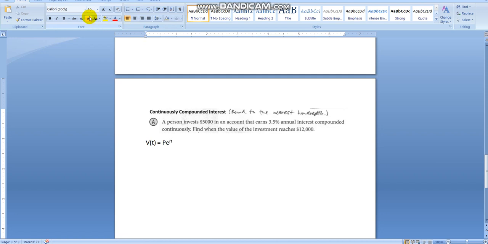I can just tell you what these parameters are, if you remember from compound interest. P is your initial value, how much you start off with in an account. R and T are your rate and your time. And V of T is the value, or your final amount that you have left in the account after so many years.